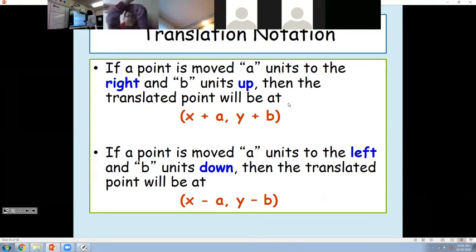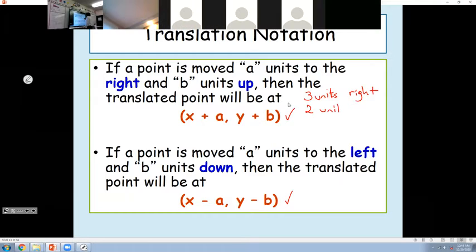We will use this one as well because some textbooks use this one and some textbooks use the verbs, like 3 units up. So how can we change it? Let's say 3 units right and 2 units up. How can we write this with translation notation?